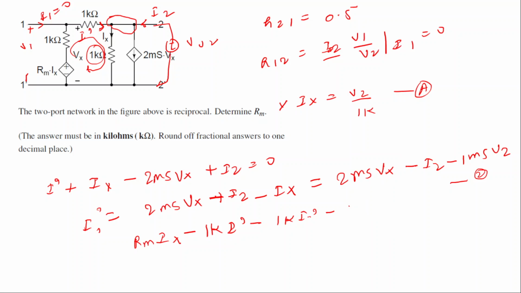So how much is Ix? Ix is V2 times 1K equals to 0. So Rm times Ix will become V2.